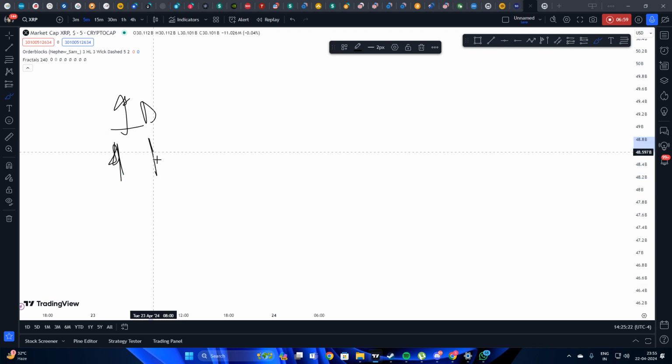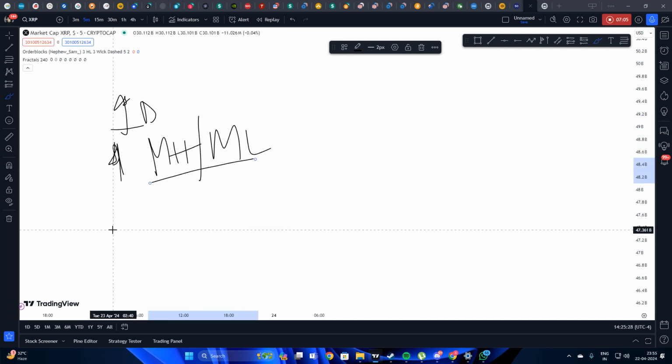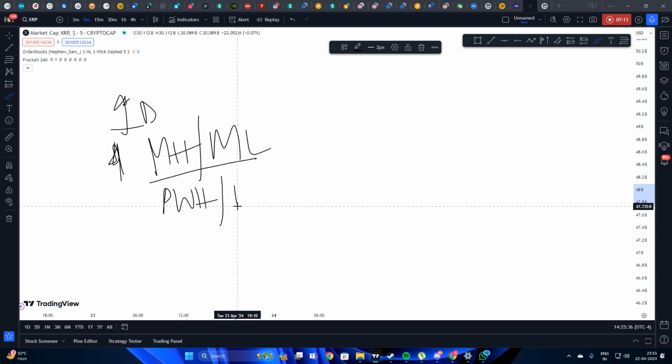I'll draw Monday high or low, also known as MH and ML. I'll draw this using the VIX. Then previous week high and previous week lows.